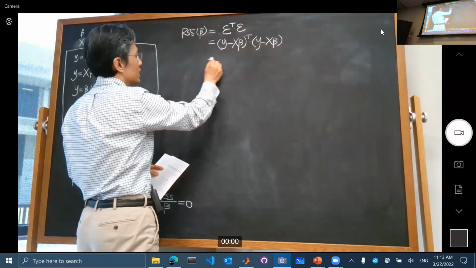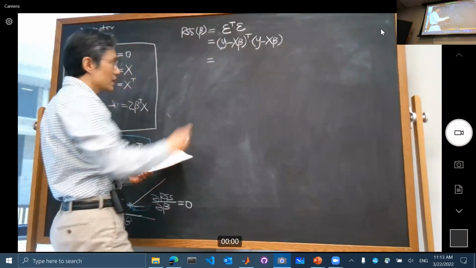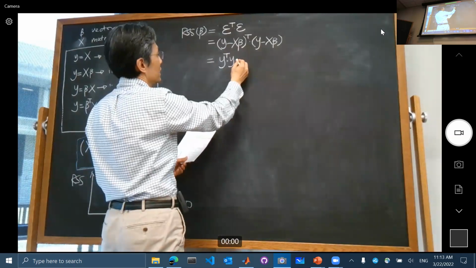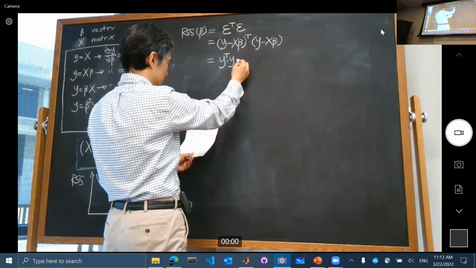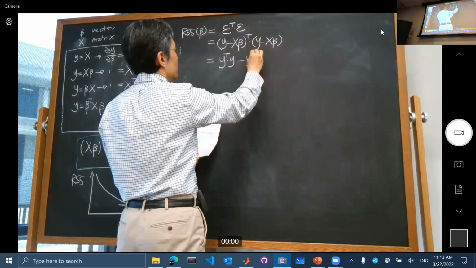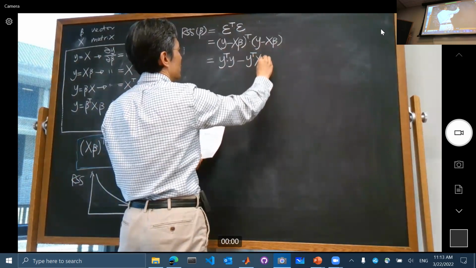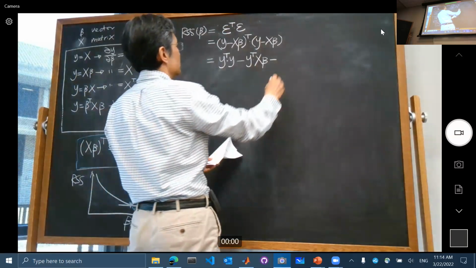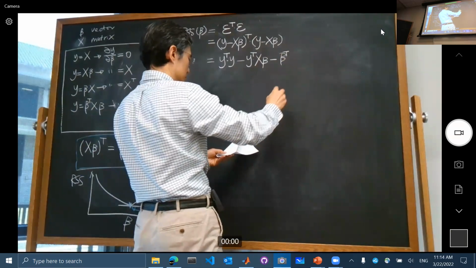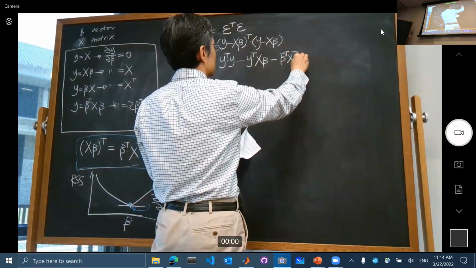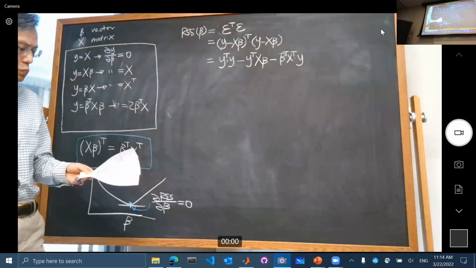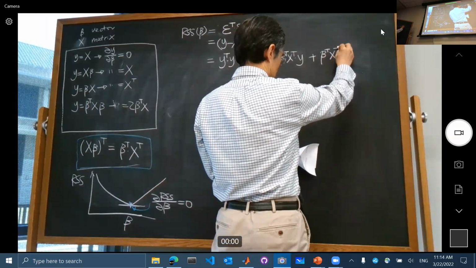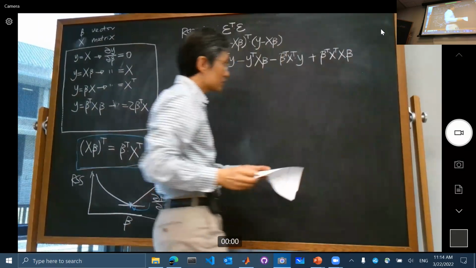Then I have to expand this. This becomes y transpose times y, where T means transpose, right? Minus y transpose times this, minus this times y, plus the last term.